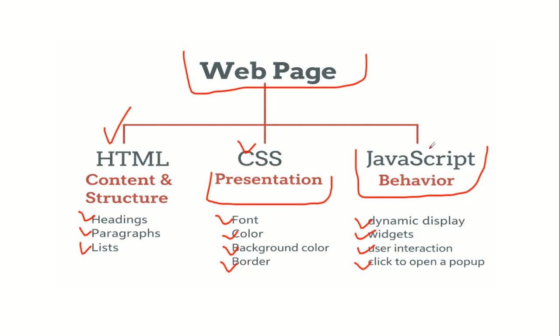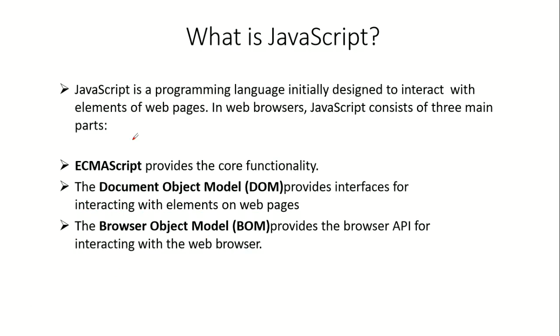At least you understood why HTML is added, why CSS is added, and why JavaScript is added. Okay, so let's move ahead with what is JavaScript. What is JavaScript, everybody? JavaScript is a programming language.